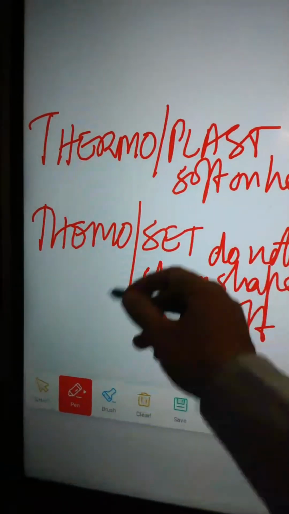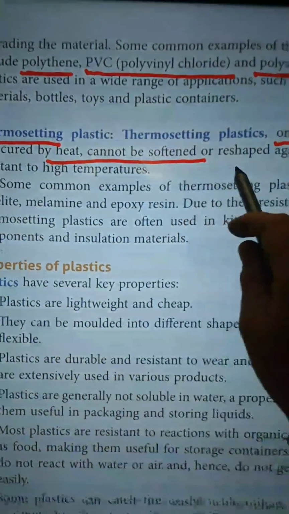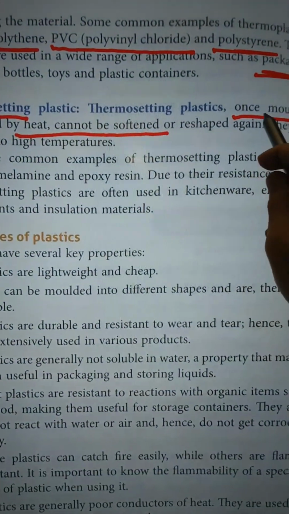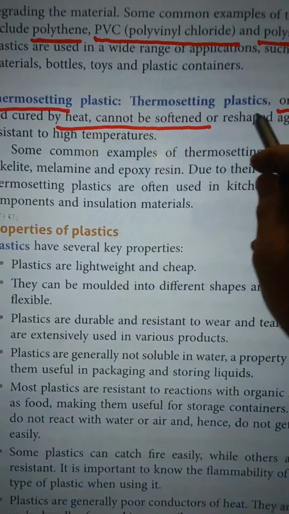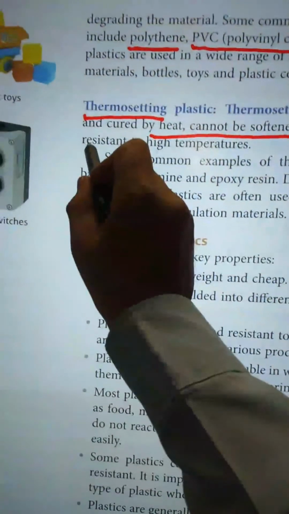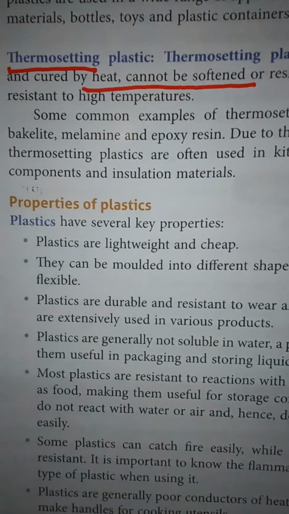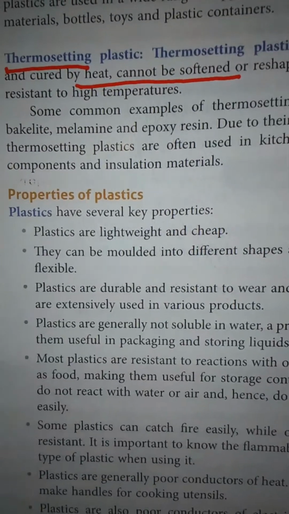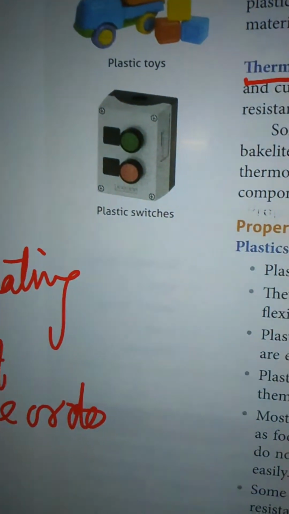So if you heat them, what will happen to them? They cannot be made soft on heating. Once molded, they do not lose their shape. They are resistant to high temperature, so even if you heat them, they will not become soft. In your book, the example given is the plastic switch.